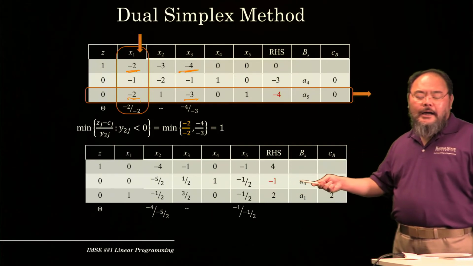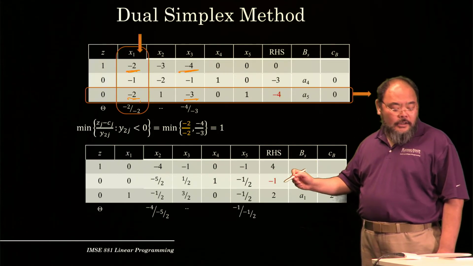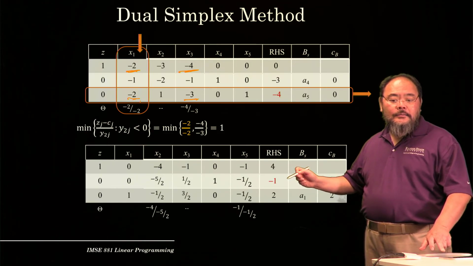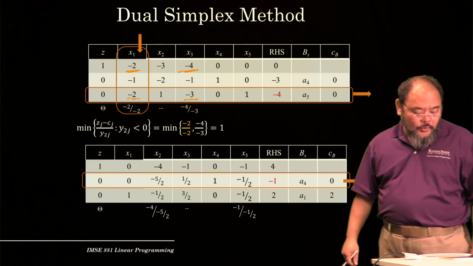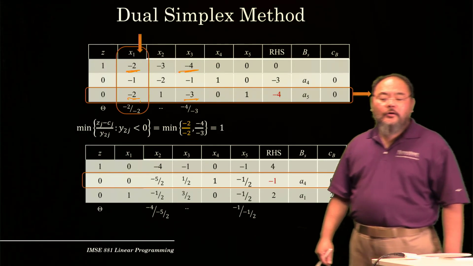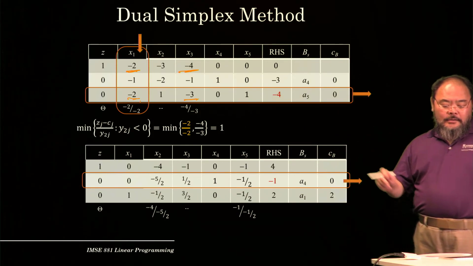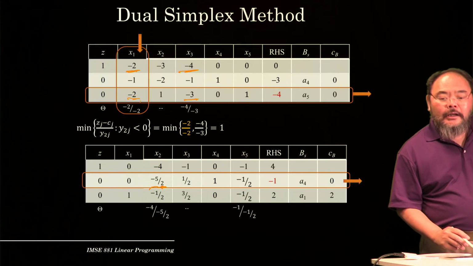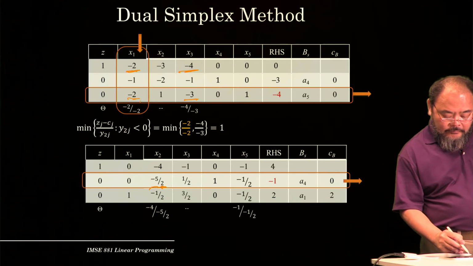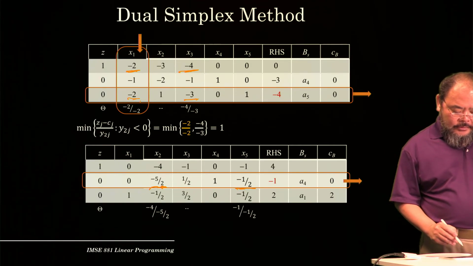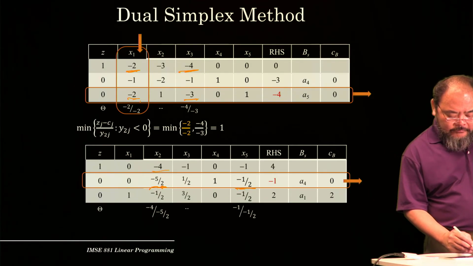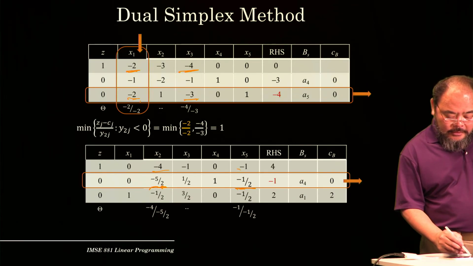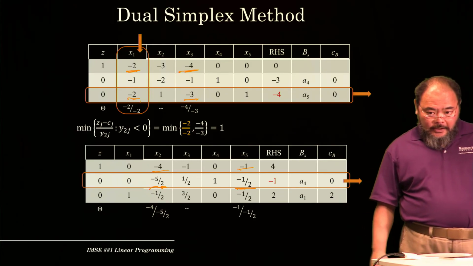But on the right hand side, we have a -1, which is x4 equals -1. So we choose that as my leaving variable. x4 is leaving. Then we look at the negative elements right here, -2, 5/2, and -1/2, and use -4 divided by -2, 5/2, and -1 divided by 1/2.